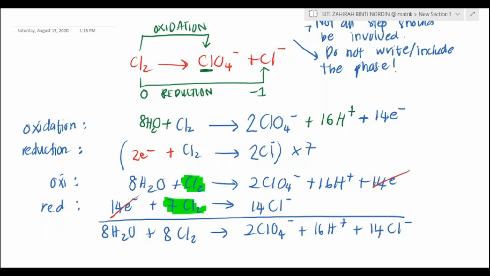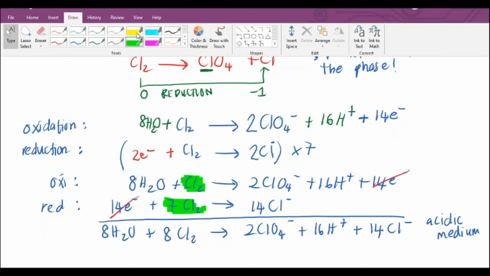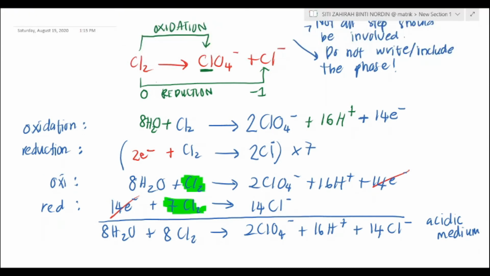The question asks for basic solution, so this is our full equation in acidic medium. What we need to do is to add hydroxide ion with the same coefficient as the hydrogen ion.